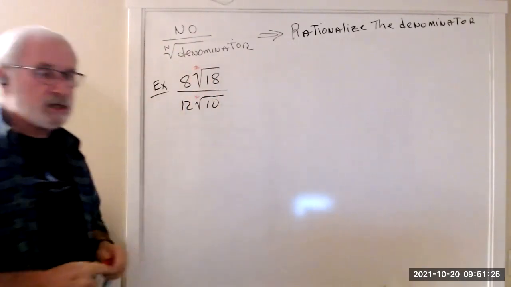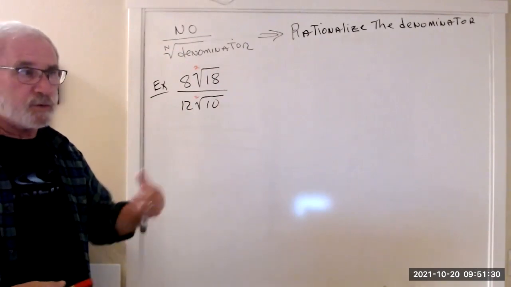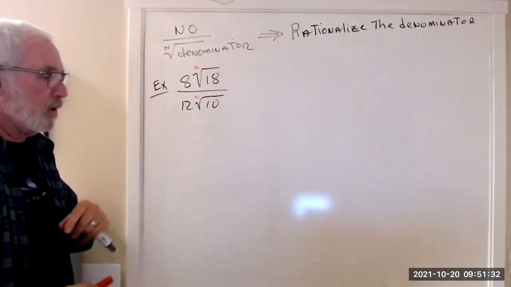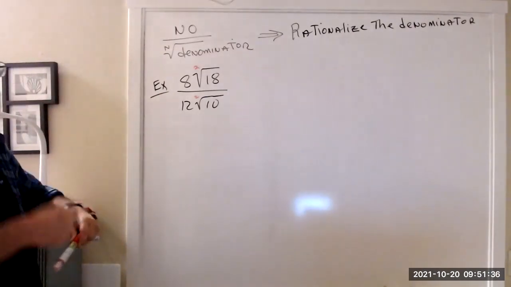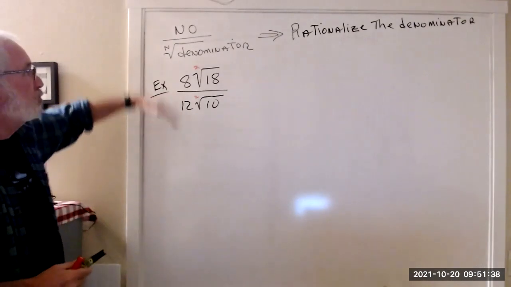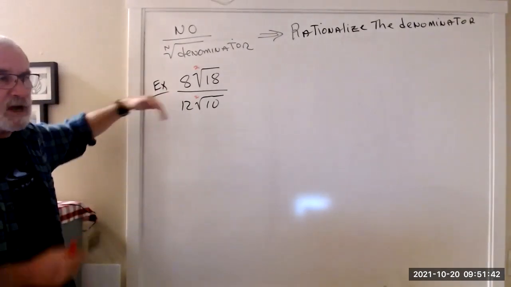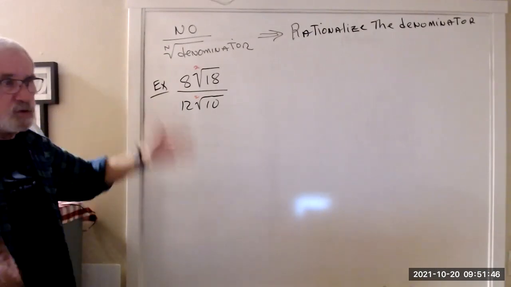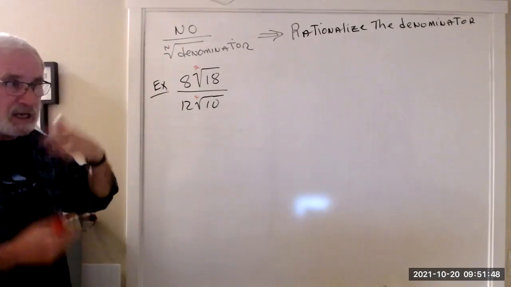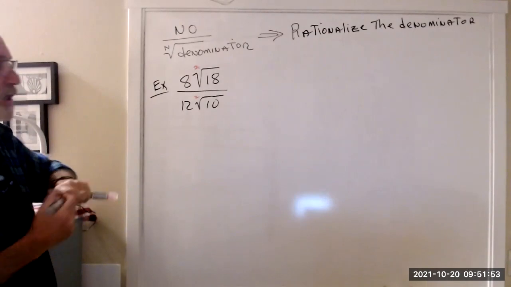If I want it to be anything else, I have to write the index: the cube root, the 4th root, 5th root. Number 2, one of the first things we learned on division of radicals was to divide inside with inside and outside with outside. Just reduce them to the best of your ability. Inside reduces with inside, outside reduces with outside.